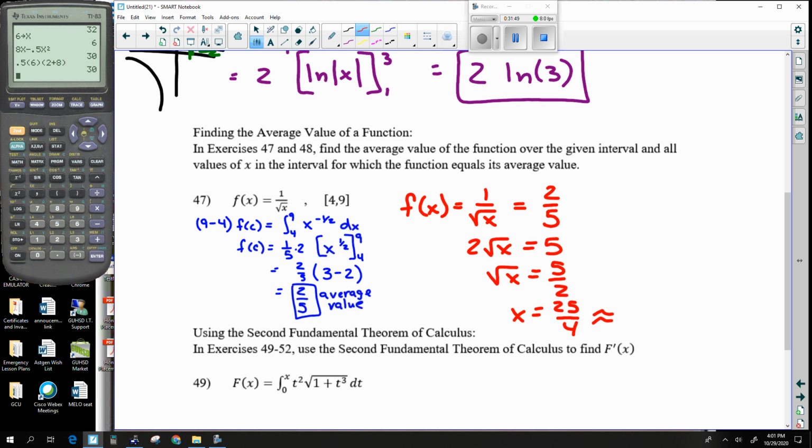Notice how that's on the interval from 4 to 9. So this is a value c, which has to be on the interval from 4 to 9. It has to be on that interval.